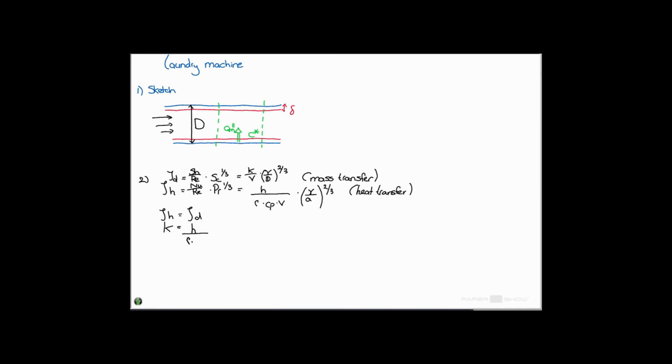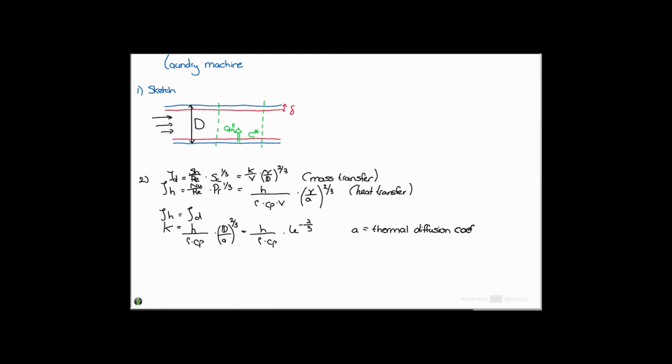We can single K out and rewrite the equation, cancelling out the V's of the velocities and getting this equation. This can also be written, or the diffusion coefficient divided by the heat diffusion coefficient can be seen as the Lewis number to the power of minus 2/3.